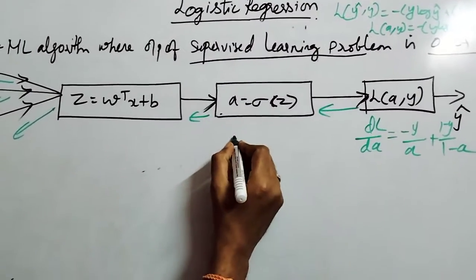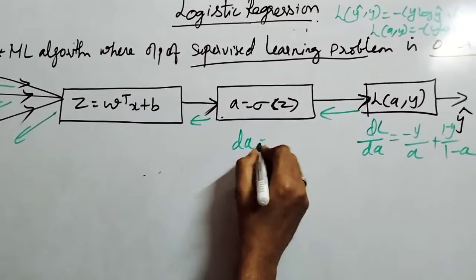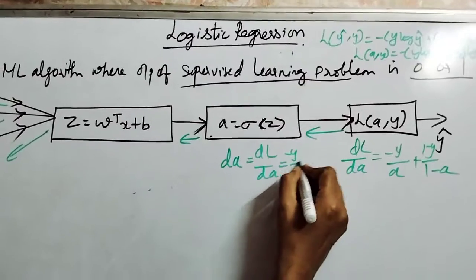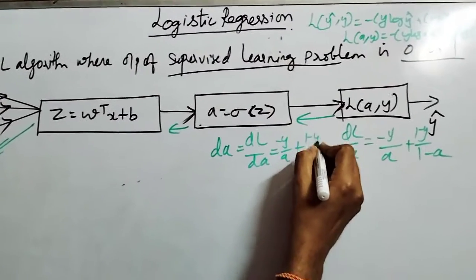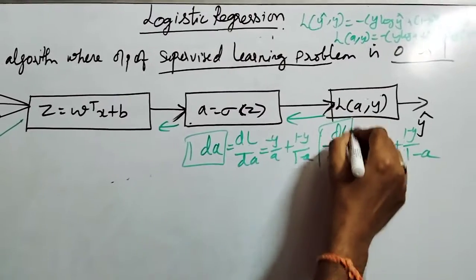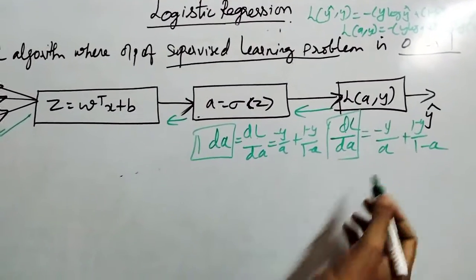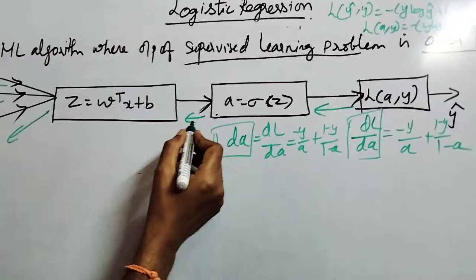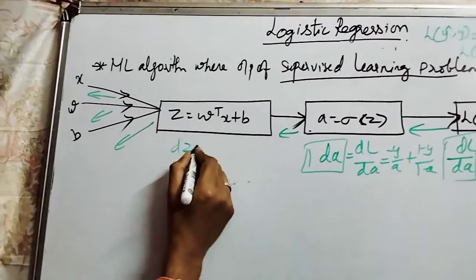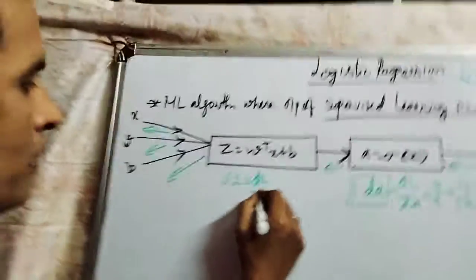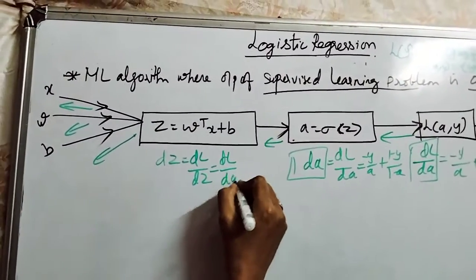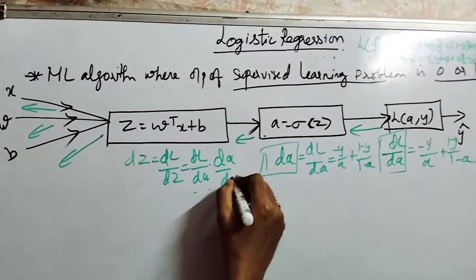Next we are going to derive dA, which is dL by dA, the same value as this one, minus y by a plus 1 minus y by 1 minus a. So we have derived dA, that is dL by dA. Then again we travel backwards using backward propagation, and now we are going to derive dz, which is dL by dz, equal to dL by dA into dA by dz.